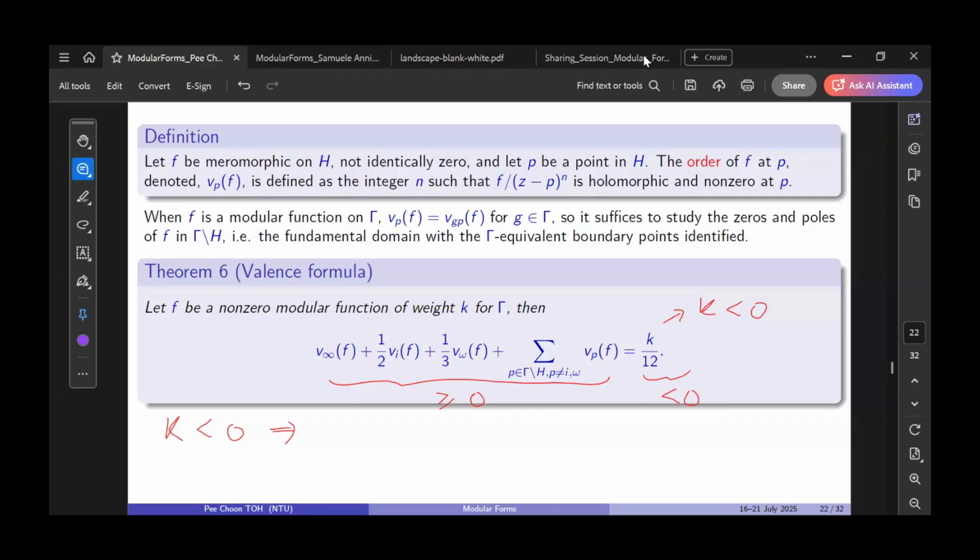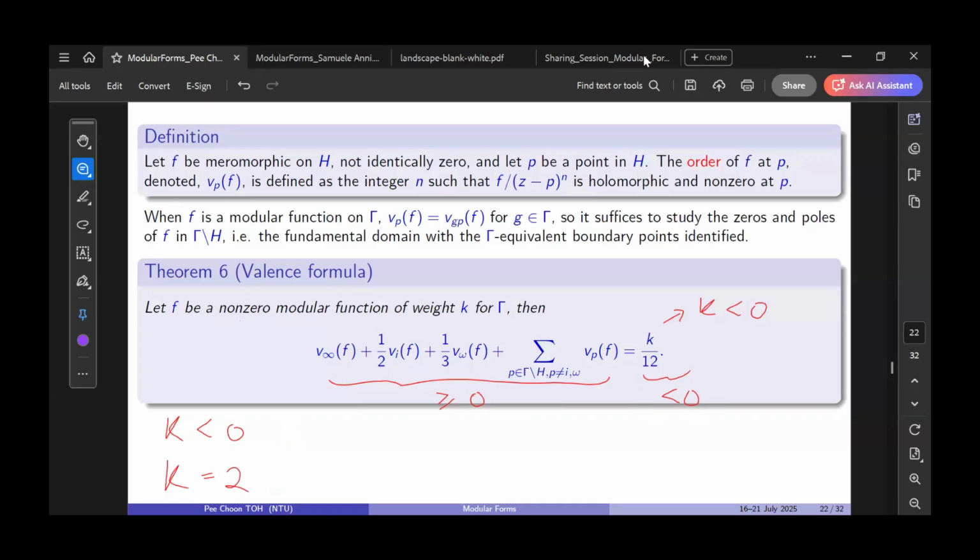So since there is no non-zero modular function of negative weight, this means that the only modular function we have is 0. And what about 2? Why does 2 also only have 0?